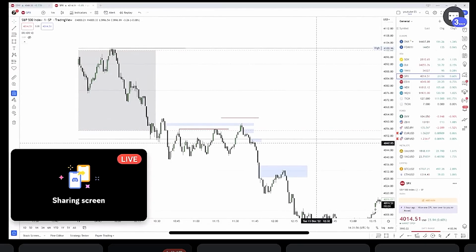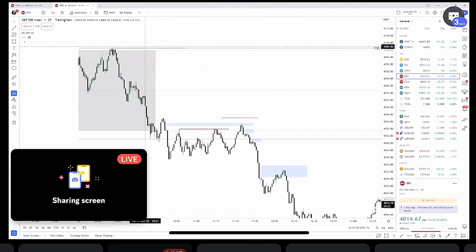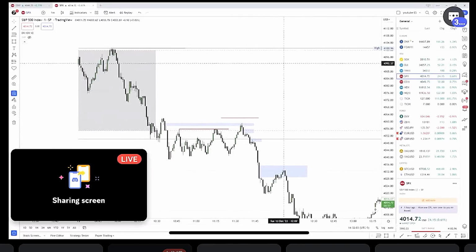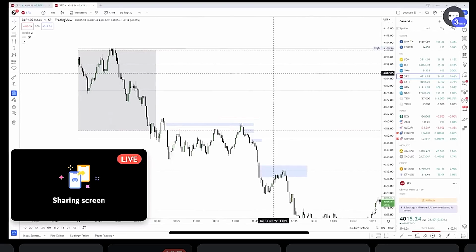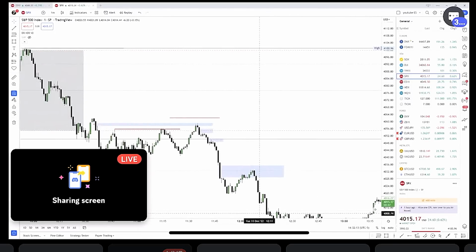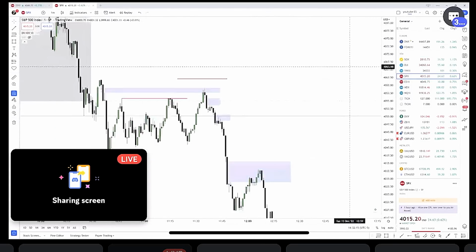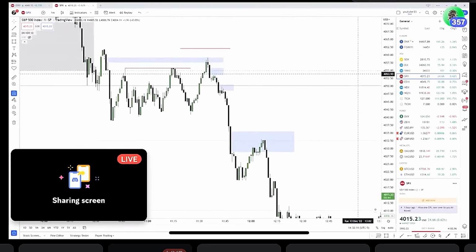You have to understand you're getting a map laid out in front of you where you can play. You know that these levels and the midpoint are extremely important for whatever the algo wants to do. So just based on watching what the market is doing at this level, it gives you everything. And then you just combine it.